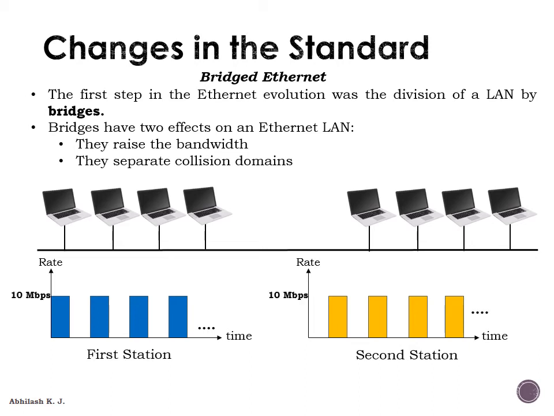And all these stations will be making use of the entire capacity of the channel. At every instant they will be transmitting the data at 10 Mbps. But when we consider the overall capacity of the medium, since we have 2 stations here, the average capacity used by the individual stations is 5 Mbps each.